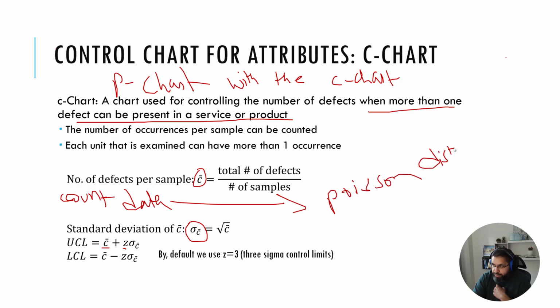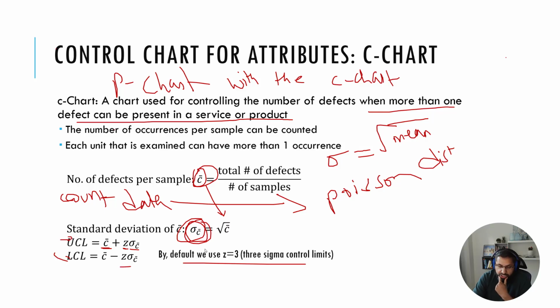The neat thing about the Poisson is that the standard deviation is just the square root of the mean value, because the mean equals the variance. So once you have the mean value, you take the square root of it, you get the standard deviation of the count, and then you can use the standard deviation and the average value with plus minus Z to get the upper and lower control limits.